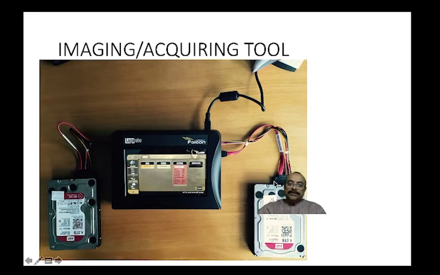If by any chance during the analysis I change any bit of information in the new drive, this hash value and this hash value will not be the same later. That's why before and after the analysis, we compare the hard drives and tell the court that the hash values are identical.